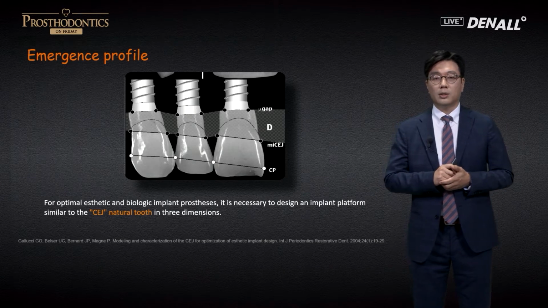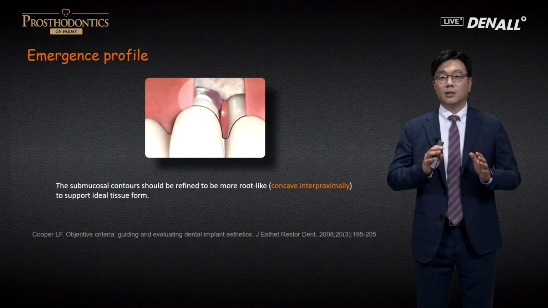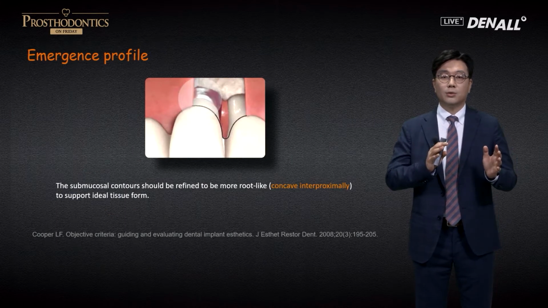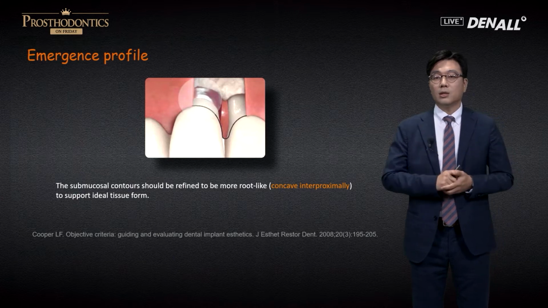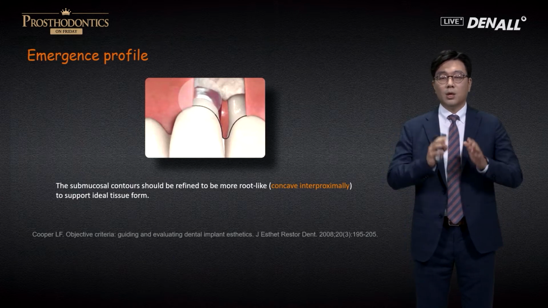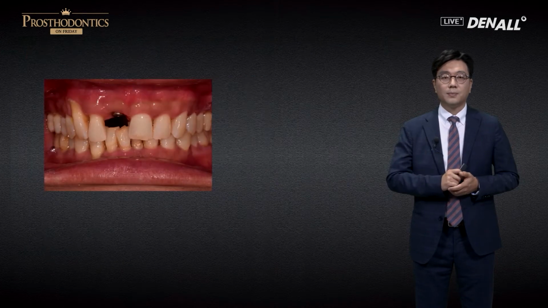What is the best way to create the emergence profile? Many papers say it should be similar to CEJ of natural teeth or root-like form to support ideal surrounding tissue form. Basically, this is what you already know.